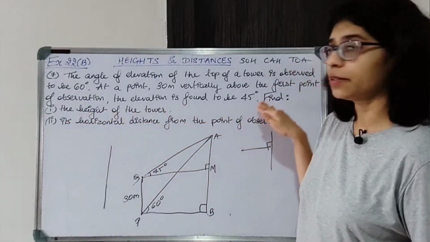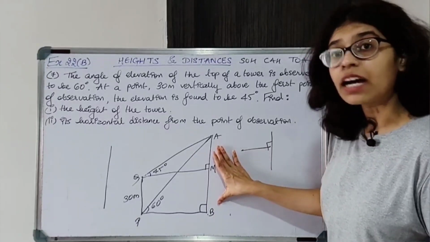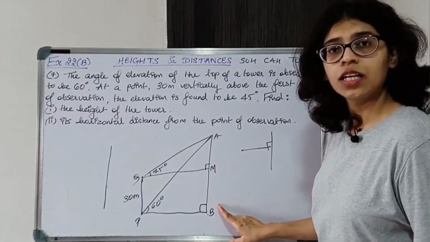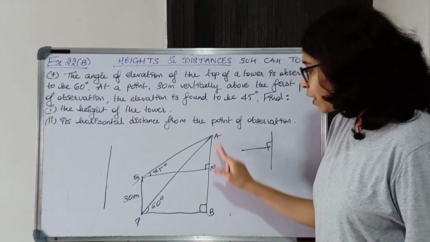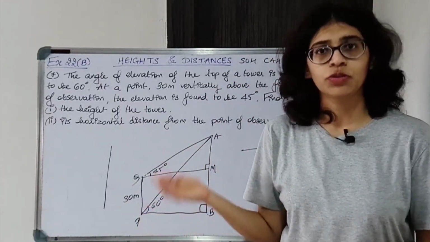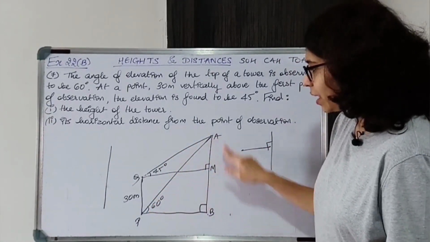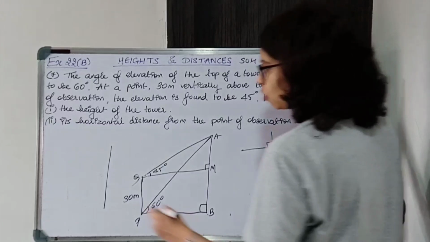We'll come to the second part later. We have to find the height of the tower AB. To find the height or distance, we normally consider a right angle triangle and apply a trigonometric ratio. AB comes in the right angle triangle ABP.